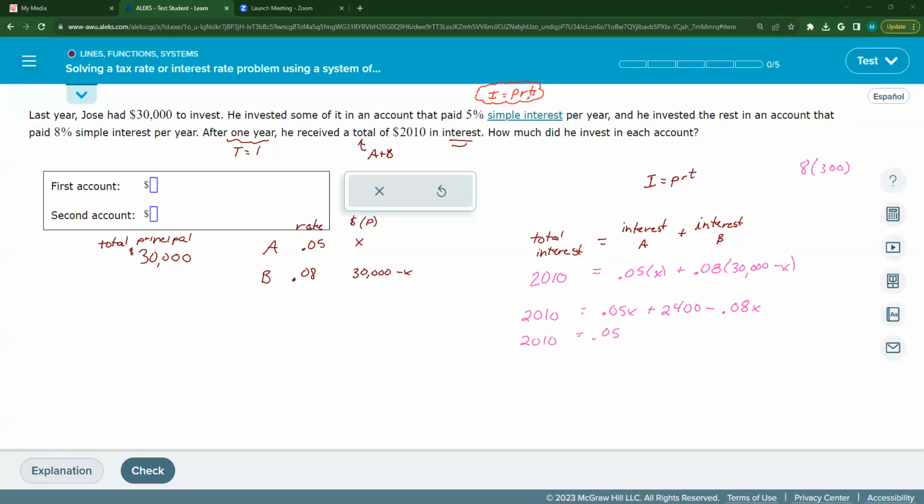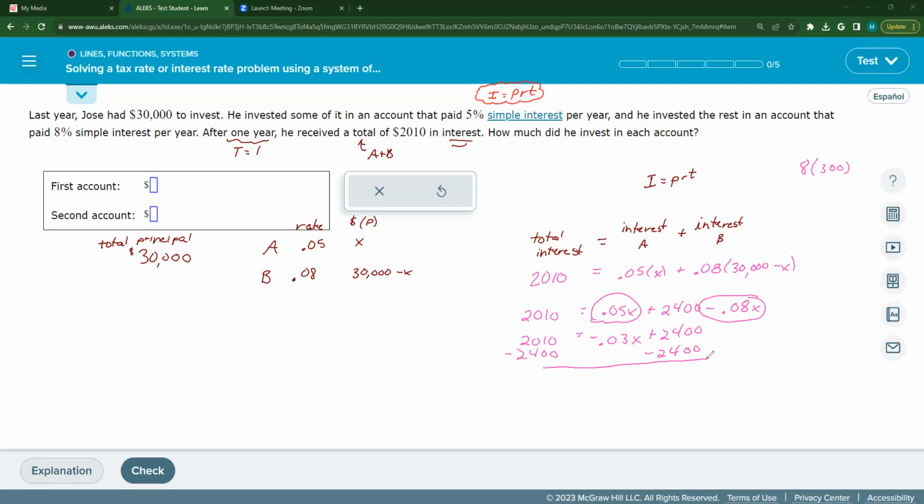All right. Combining like terms, we have 2010 equals 0.05. Nope, I'm going to combine those. Sorry, erase. All right, so going back. So this one minus this one, they're opposite signs. So it's going to be negative 0.03x plus 2400. Get everything away from the x.